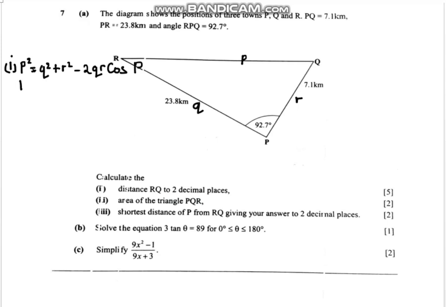Then substituting what we've been given here, on q we're going to put 23.8 squared, then plus, on r we are putting 7.1 squared, then minus 2 times 23.8 times 7.1 cos 92.7 degrees.